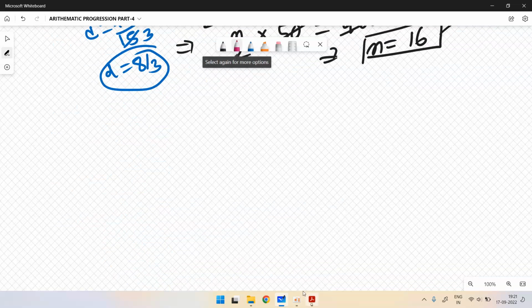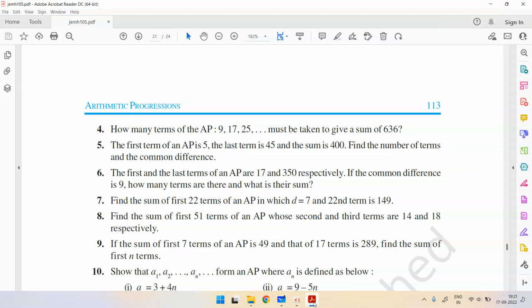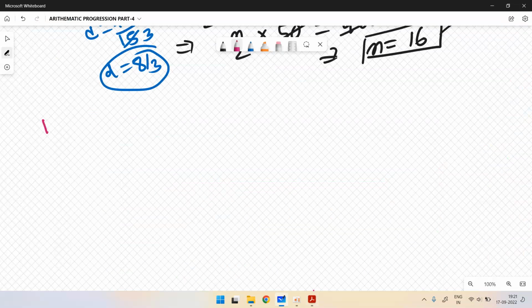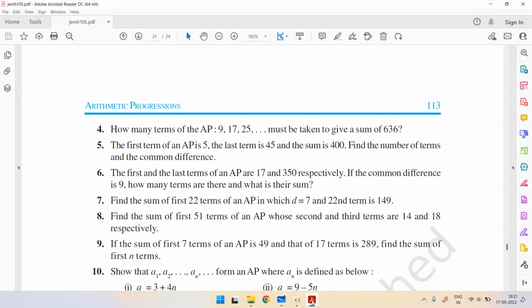Next, immediately moving to the sixth question. The first and last terms are given and the common difference is given; how many terms are there and what is their sum? The sixth question is also simple.